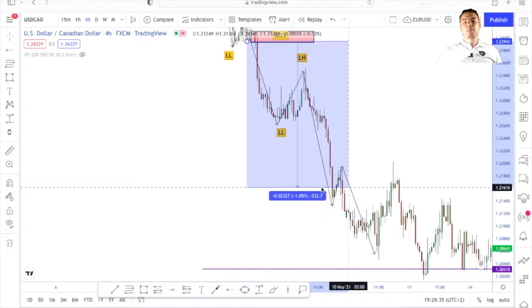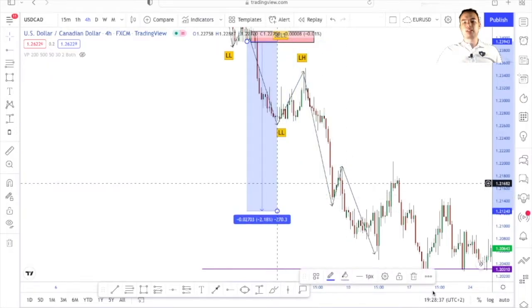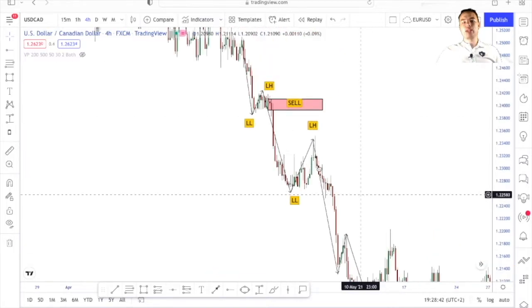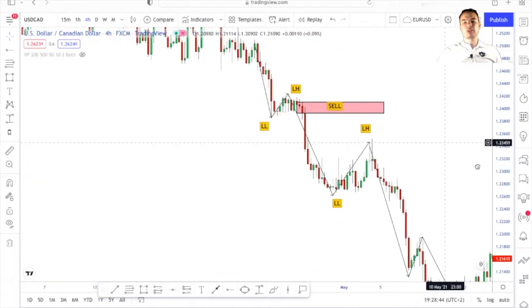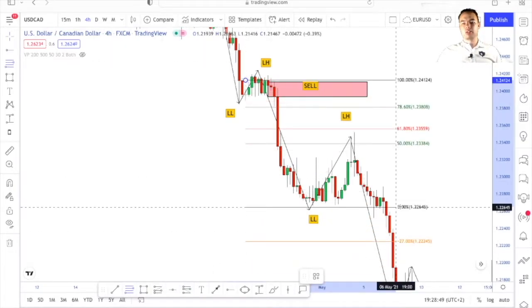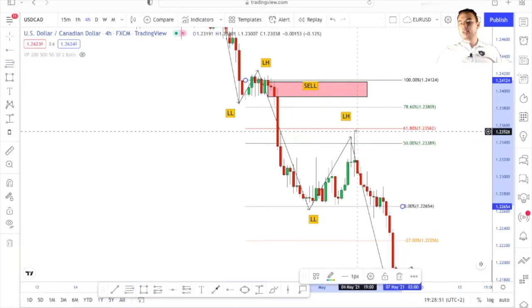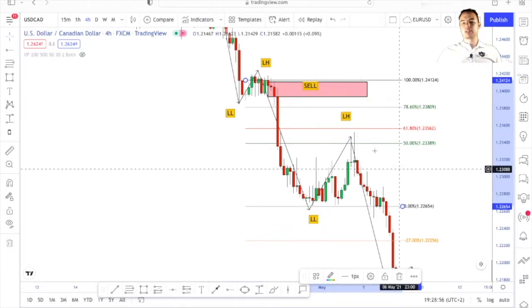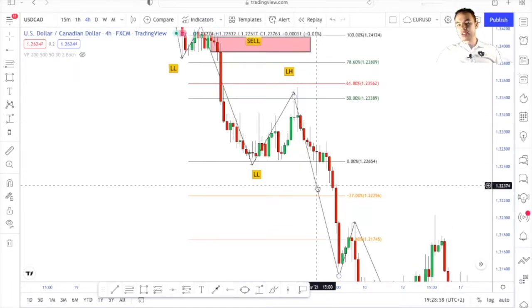So what needs to happen is, once a retracement happens, you need to reanalyze. This is why it's important to monitor your trades, because you can put your Fibonacci on, look at the 61.8%, and go on lower time frames for a candlestick confirmation. Let me add another sell.